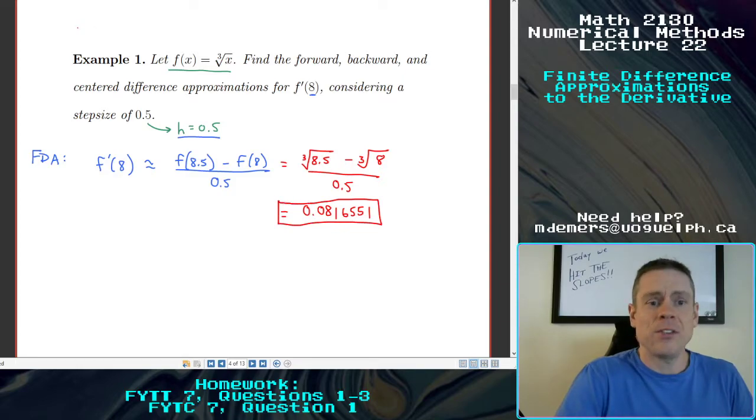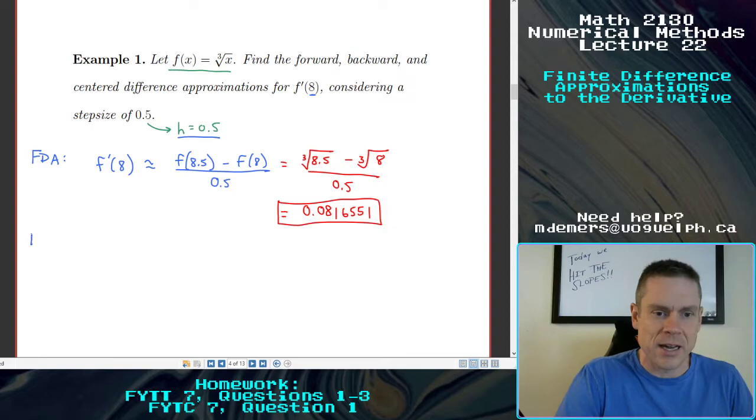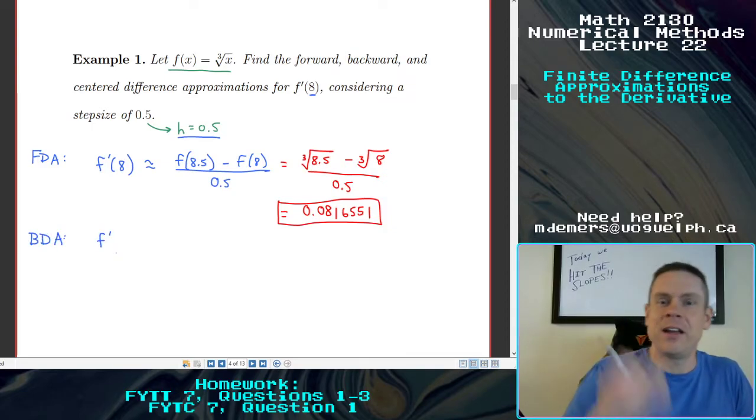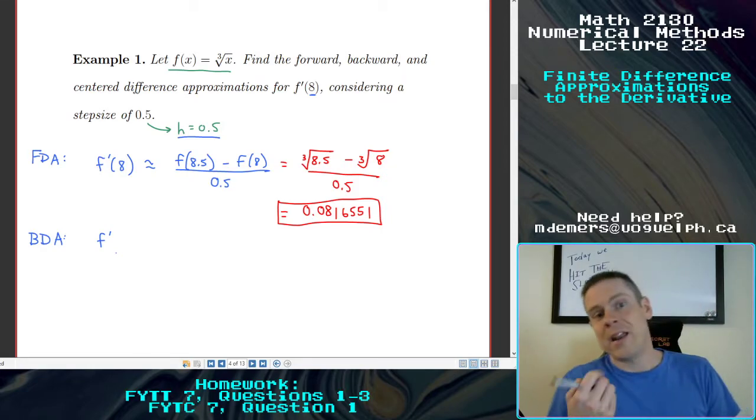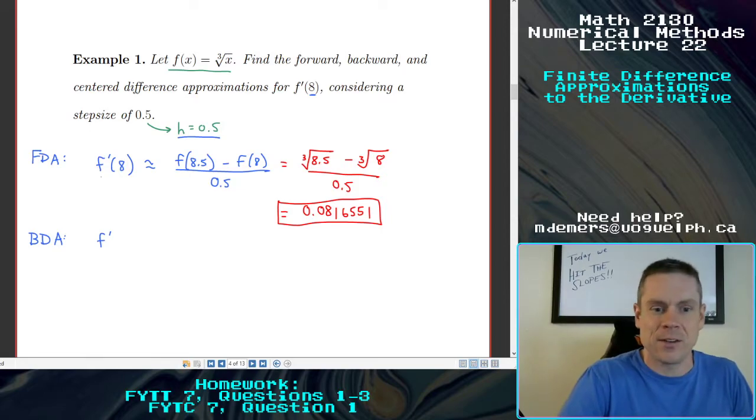Okay, we're going to do the same thing with backward and centered, and then I just want to talk about it a little bit in terms of the graph of this function, because I think that it showcases, it helps you to see kind of what's going on, why we get overestimates, underestimates, and stuff like that.